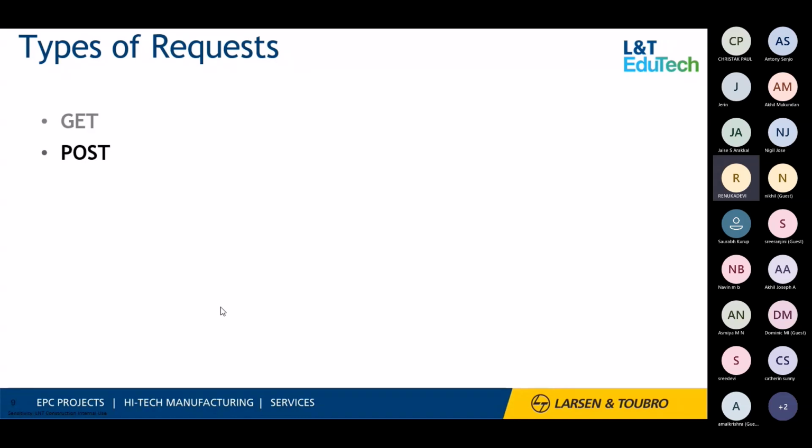Say for example, you are requesting with a username and password, like your login for a banking transaction, or if you are logging in for railway reservations, then you must use the post request only, where you are posting the request along with the data, providing certain data as the input. This should be confidential and should not be visible to everybody. In such cases we use the request type called post.